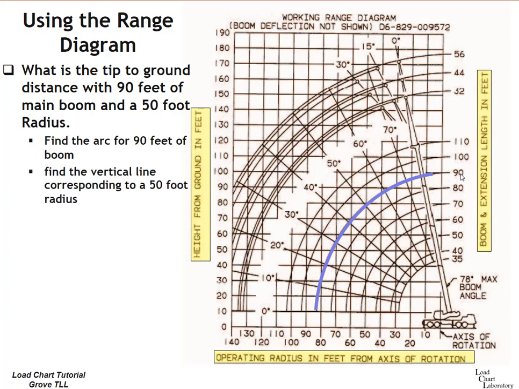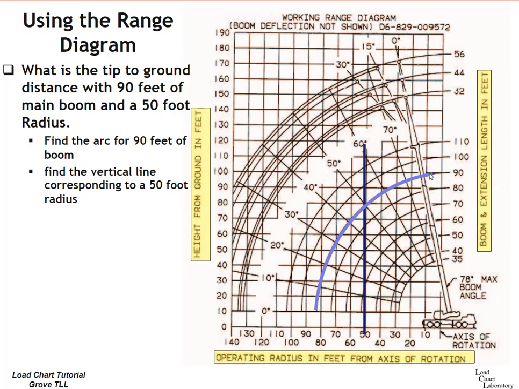Find the vertical line corresponding to a 50-foot radius. We have all of our radius values along this lower axis. There's 50 feet. So let's go ahead and create a line there to illustrate what we're doing.